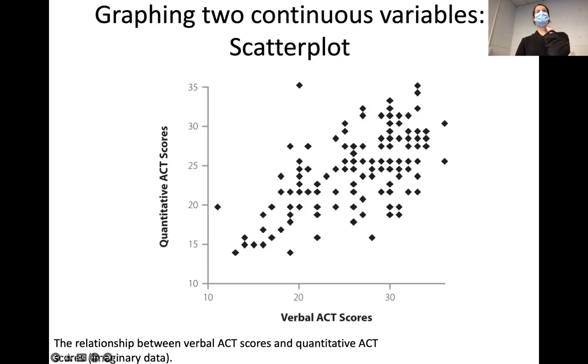So there you'd create a scatter plot. So all of these are individual data points, right? So somebody got, I don't know, like a 19 on their verbal and then a 14 on their quantitative, something like that. So you would plot each point, and then from there you can draw a trend line, which we'll do today. But a scatter plot is the way to go if you have two continuous variables.